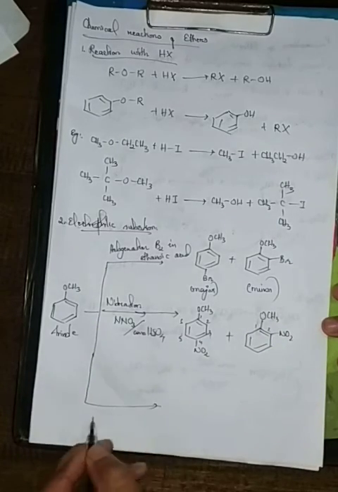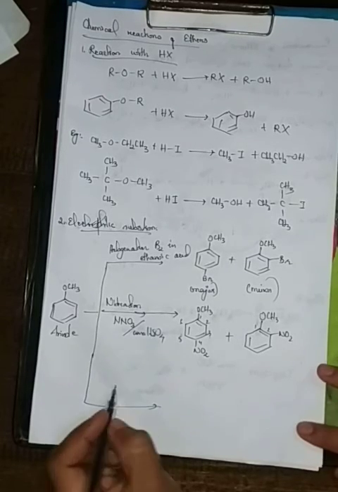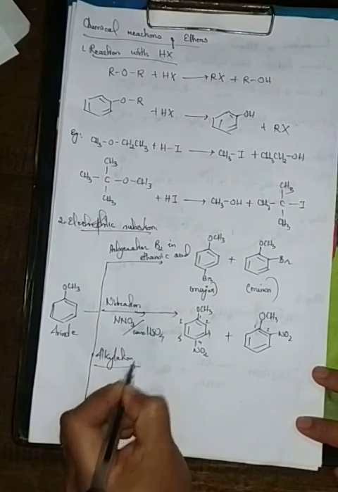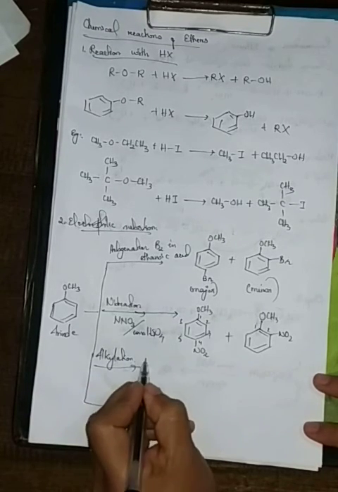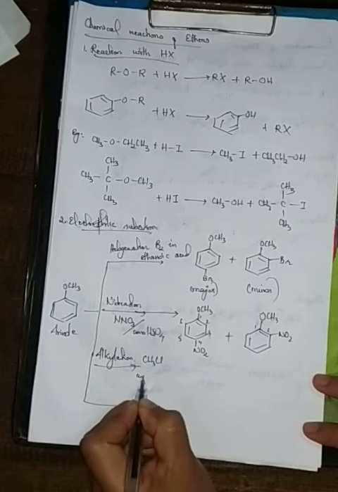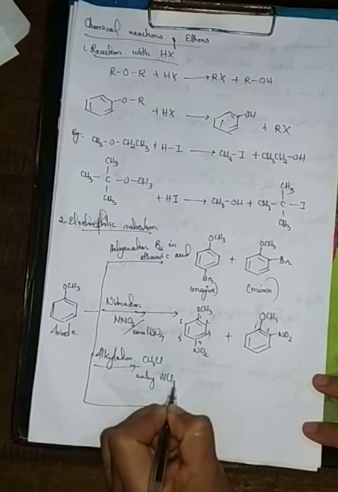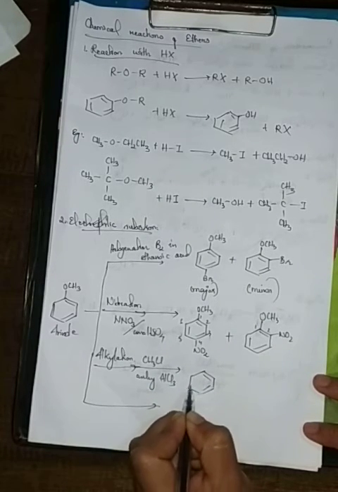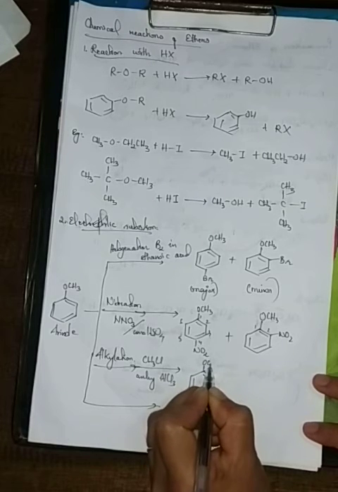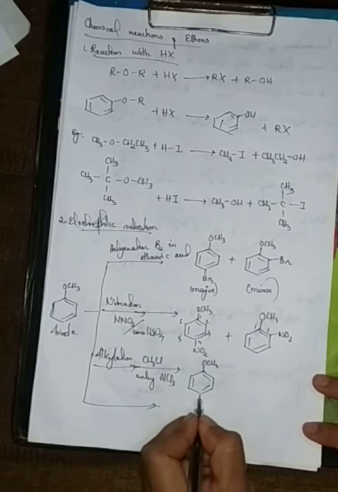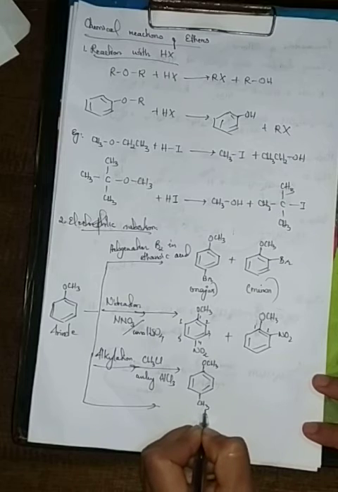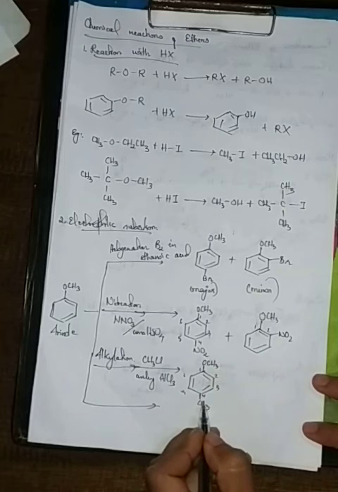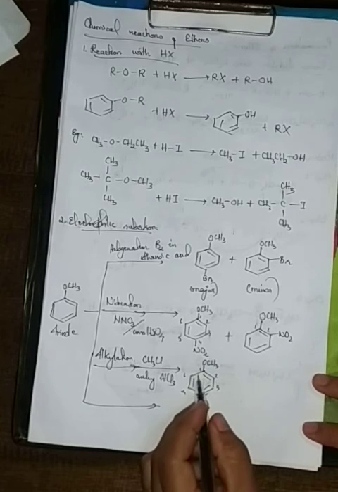Now if we check Friedel-Crafts alkylation and acylation reaction, Friedel-Crafts alkylation means addition of alkyl groups in the benzene ring. Now when anisole reacts with CH3Cl in anhydrous AlCl3, we will be getting here also a para product as well as an ortho product, CH3.